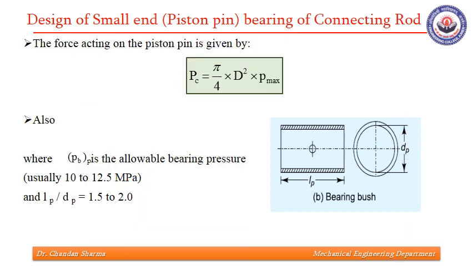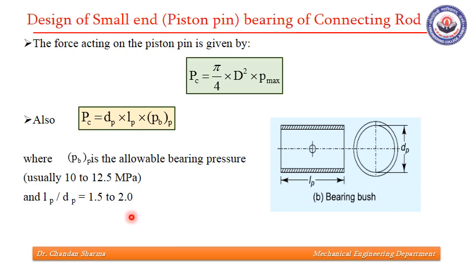The force acting on the piston pin is given by the same force PC, pi by 4 d square into P max. Also, we know that PC is dP into LP into PBP, where dP into LP is the projected area, and PBP is the maximum pressure on the bearing. If its value is not given, it is assumed as 10 to 12.5 megapascal. And when we have designed the bearings, we found that this L by D ratio is given for most of the cases.